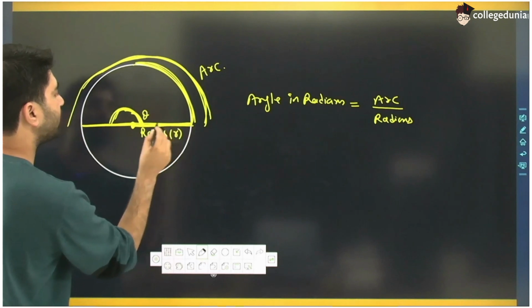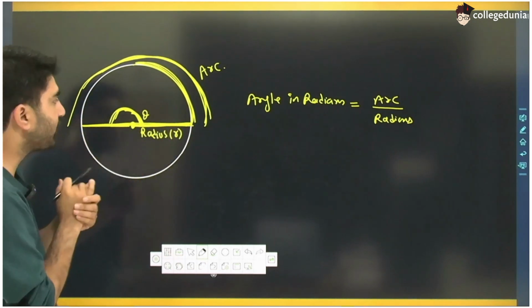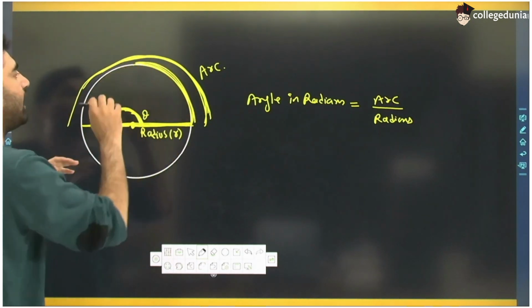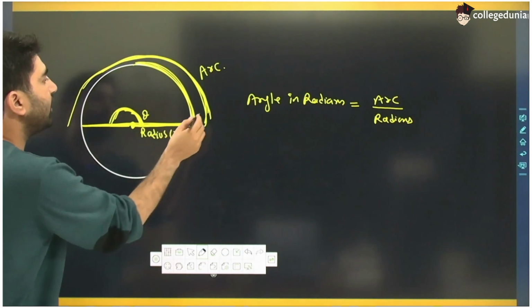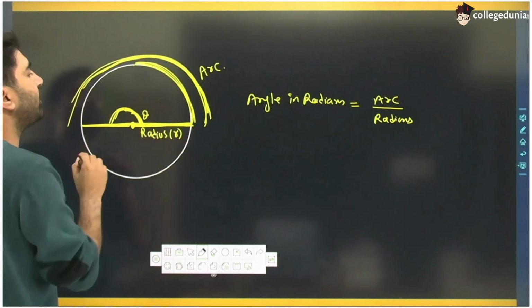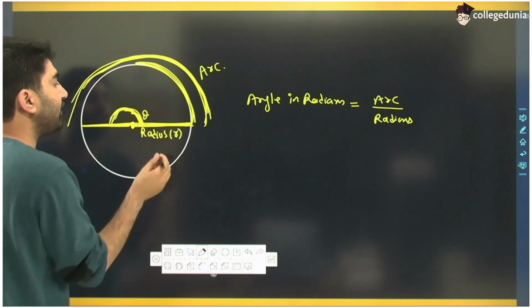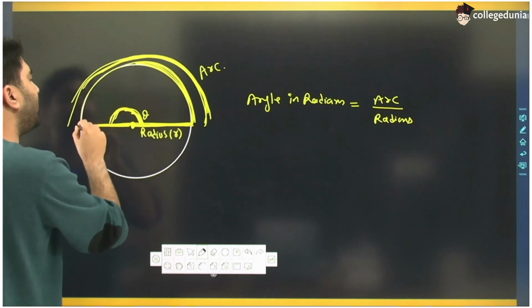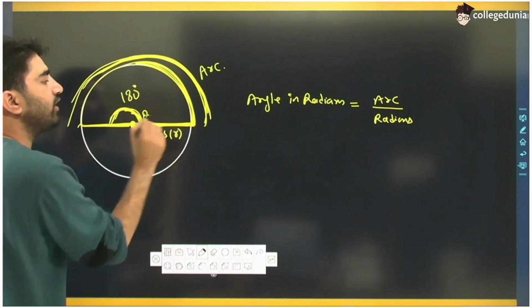Now this radius and this radius make a diameter. You have seen, as we increased the arc, the angle was also increased. Now we increased the arc in such a way that it made an angle of 180 degrees at the center. This arc is subtending a 180-degree angle at the center.